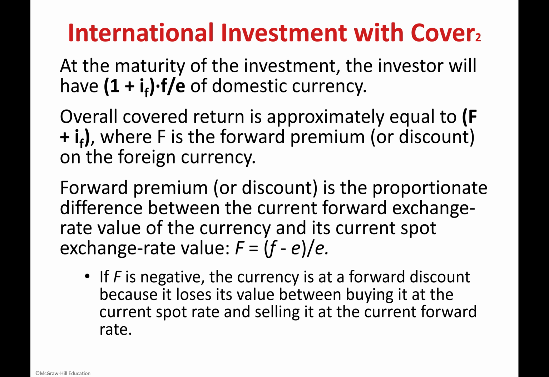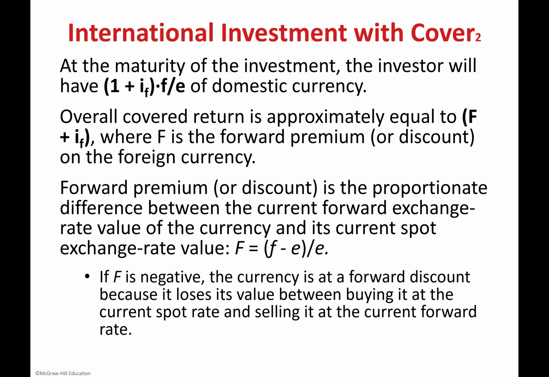So at the maturity of the investment the investor is going to have 1 plus i_F, that's how much they earn abroad, times F, the forward rate of bringing that currency back from the foreign currency into US dollars, divided by the current exchange rate E of converting it into the foreign currency from US dollars.